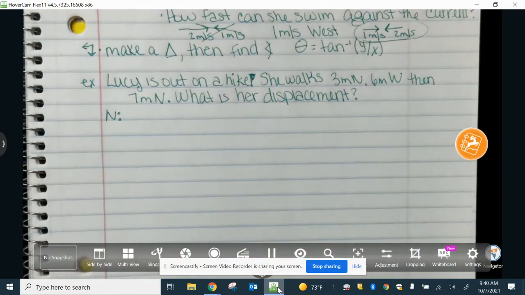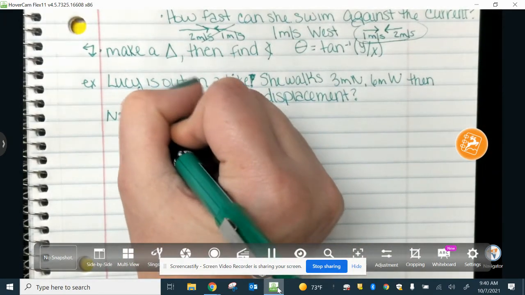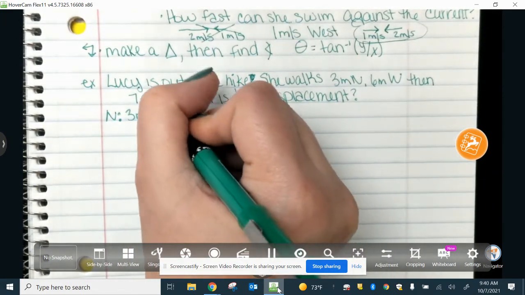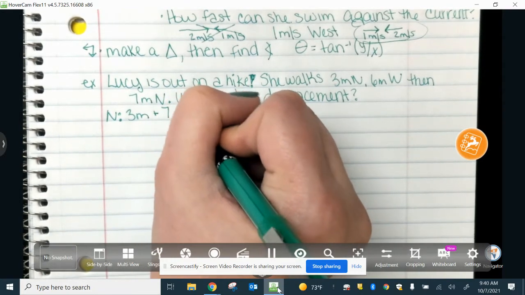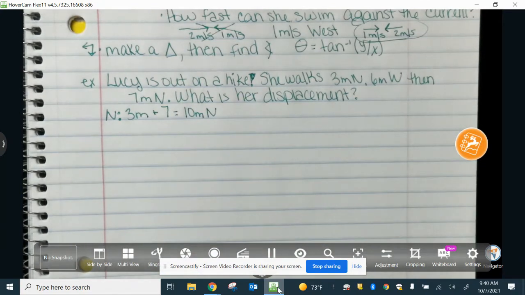In the northward direction, she's walking 3 meters and 7 meters. Because they're both going north, I can add them. So totally, she's walking 10 meters north.